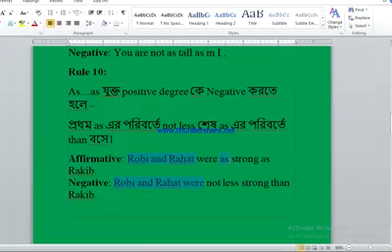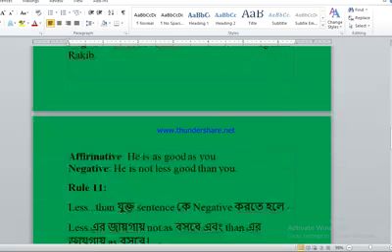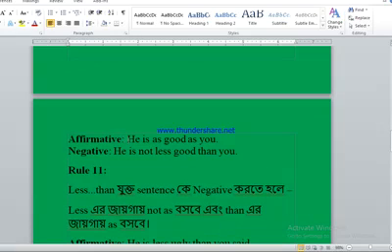As turns into not less in your negative sentence, then you will use strong, then you will use than, it will replace as. At last you will use Rakib. Okay, I hope you are clear. You will try this example in your own way.